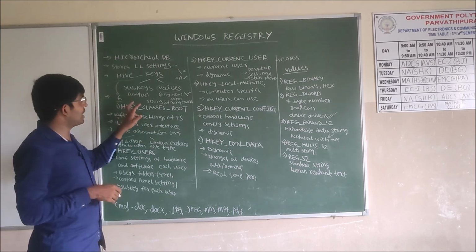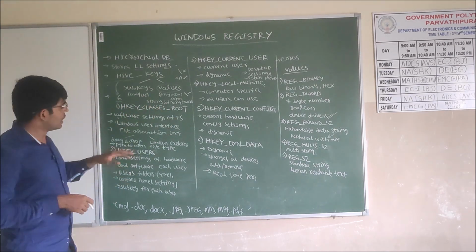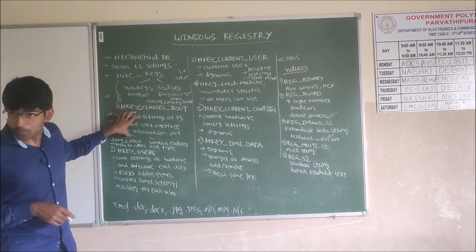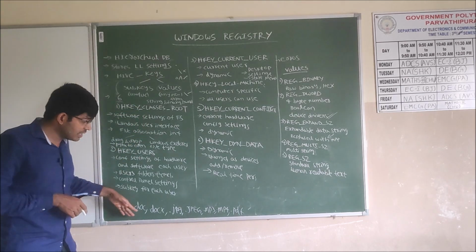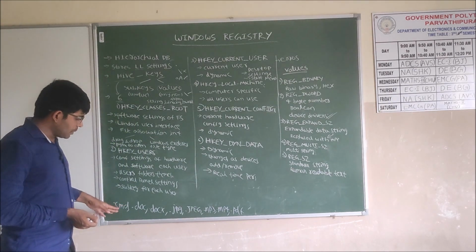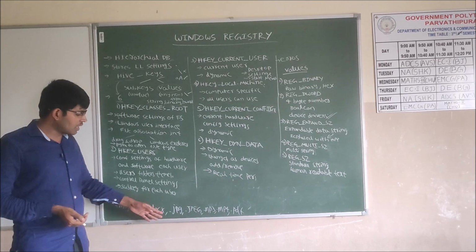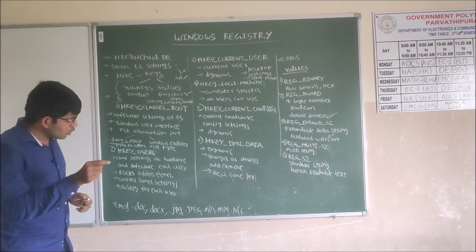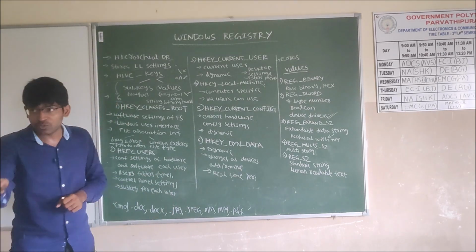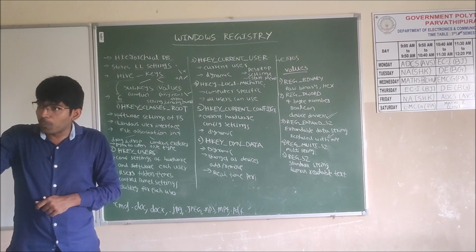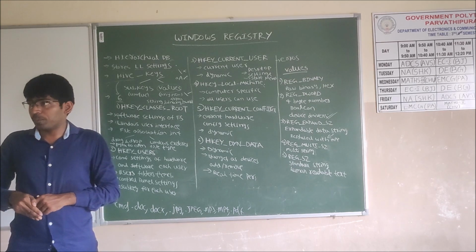First one is HKEY_CLASSES_ROOT. This HKEY_CLASSES_ROOT is a hive. In this hive, we have many subfolders which are keys. In that, one key might be .cmd, .doc, .docx, .jpg. These are the keys. So whenever you want to open a JPG file, an image file, in the computer, that image file should be opened with some program.